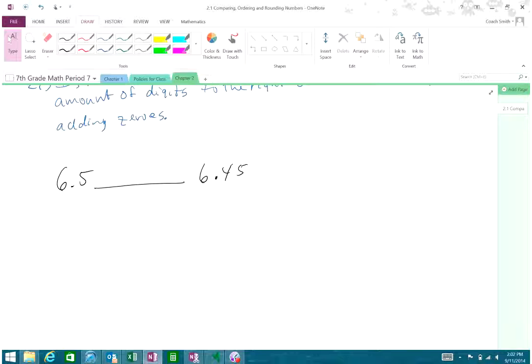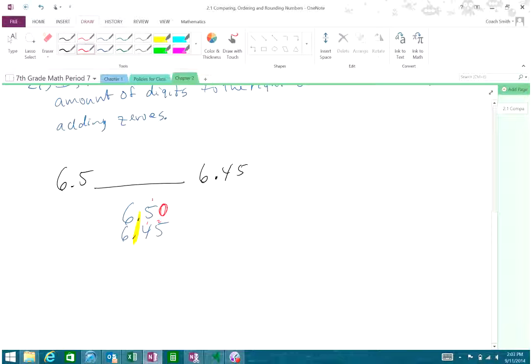First step is to take the two numbers and align them vertically by their decimal. So in other words, line up that decimal right there. Secondly, I'm going to make sure they both have the same amount of digits to the right of the decimal. Well, this one has 1, this one has 2. So I've got to add a 0 right there.